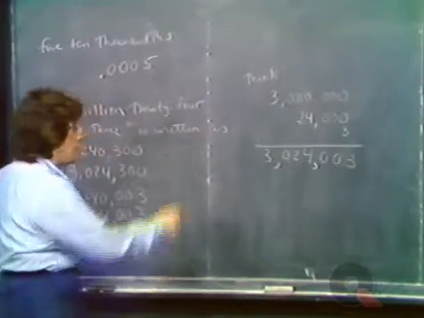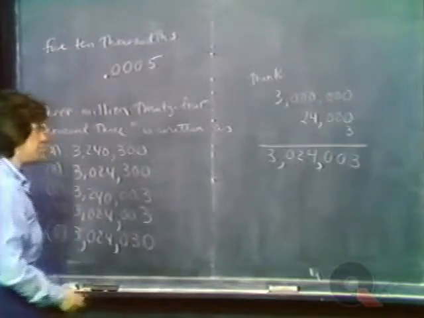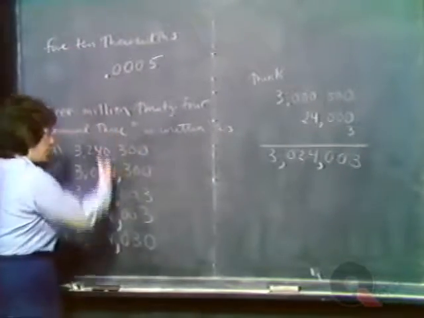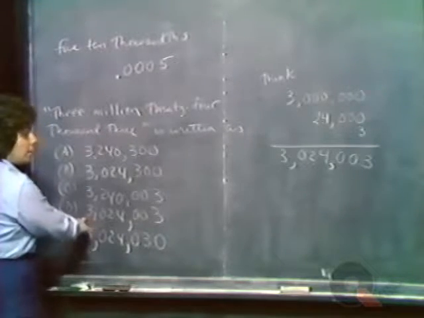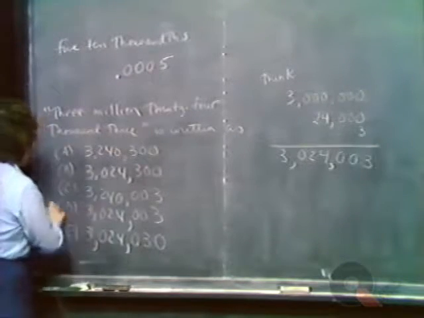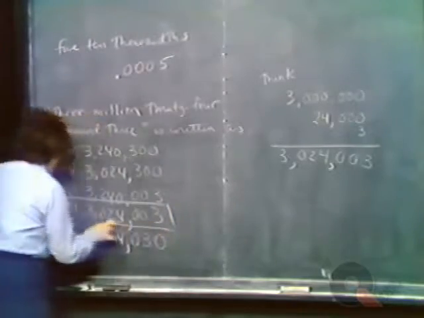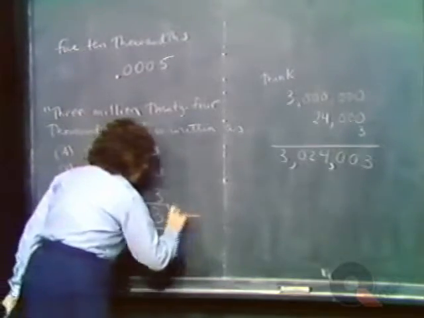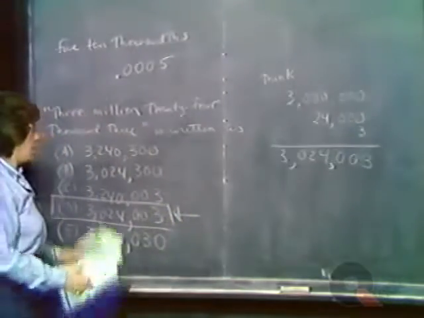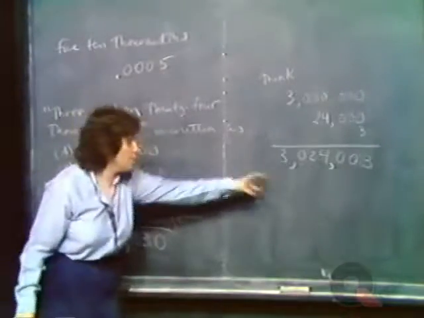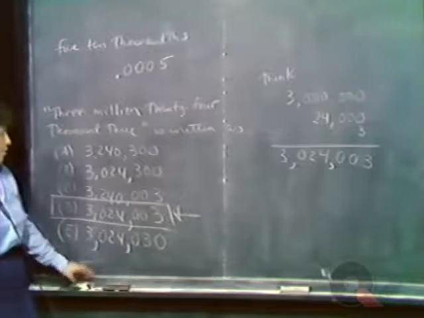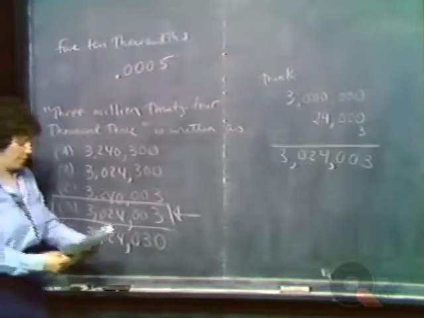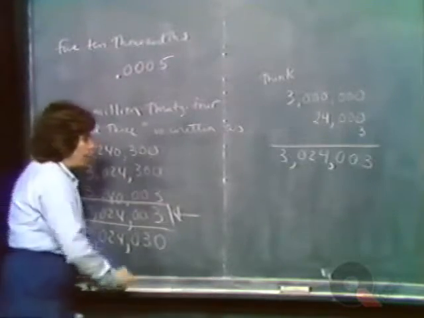Having done that, we carefully match it up to the answers. I mean, at this stage, if you've got it right, don't mess it up now. Match it up, and we see that it looks like D here. 3,024,003 is the correct answer. Even if you got this right here, it's possible that if you're careless here, you could mess it up, so be very careful. 3,024,003. Okay.